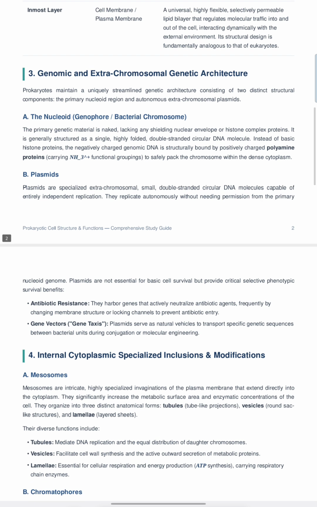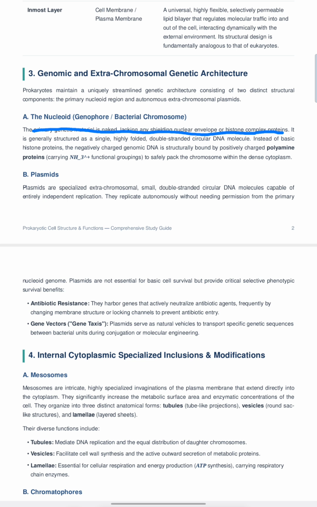Now, the nucleoid is the structure where the primary genetic material is present, naked and lacking the shielding nuclear envelope or histone complex proteins. Histone is the protein which is present in the chromatin fiber.